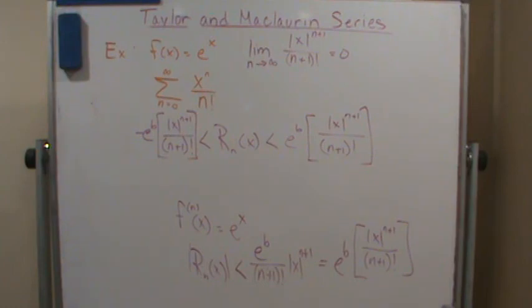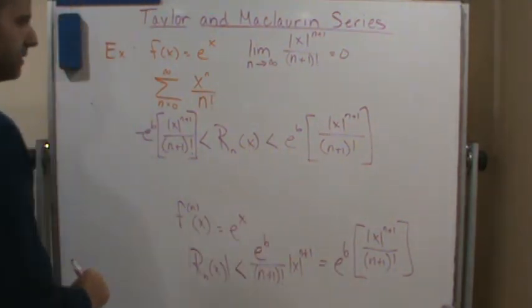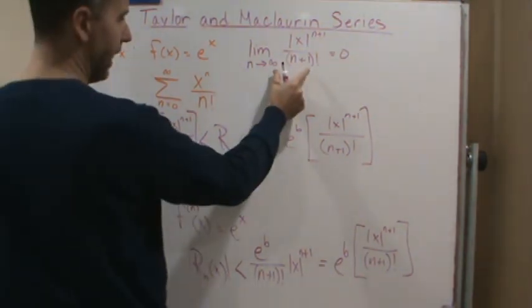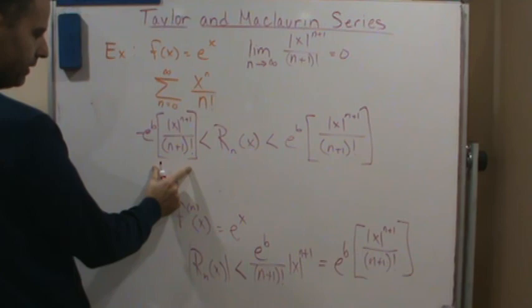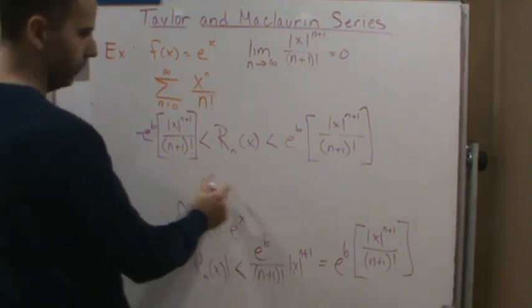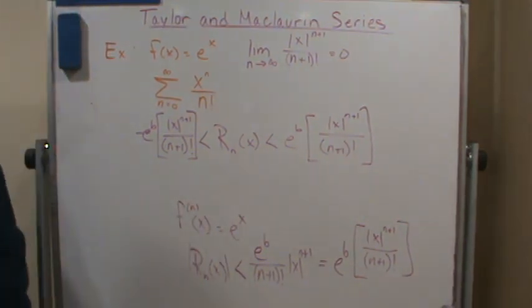So guess what? If I take the limit of all three pieces and use this fact here, this is going to 0, and this is going to 0, which means the limit of this also has to be going to 0. That's the squeeze theorem.